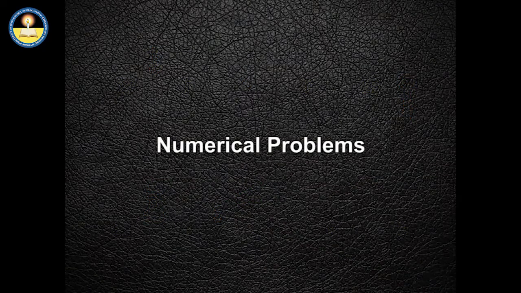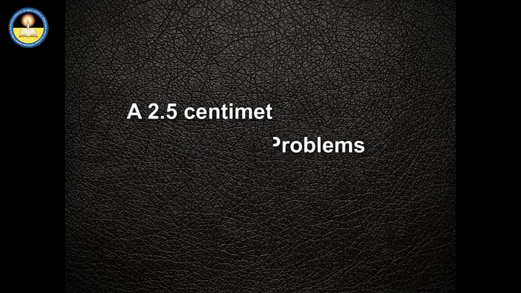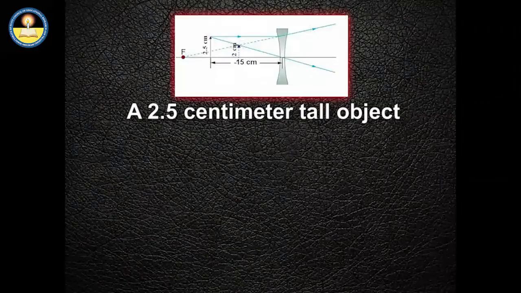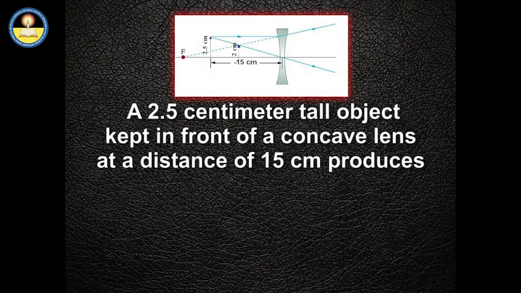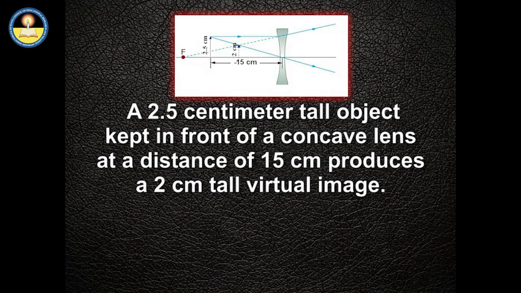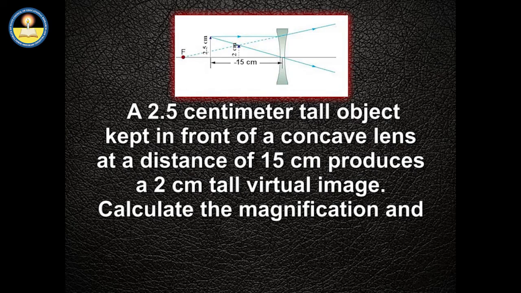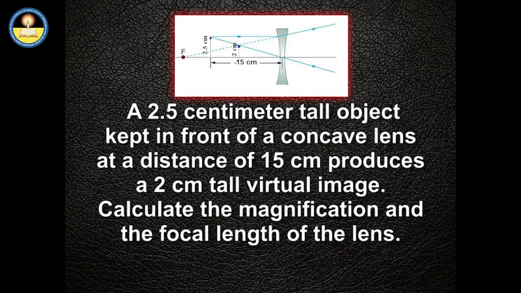Let's see a numerical problem. A 2.5 centimeters tall object kept in front of a concave lens at a distance of 15 centimeters produces a 2 centimeters tall virtual image. Calculate the magnification and the focal length of the lens.